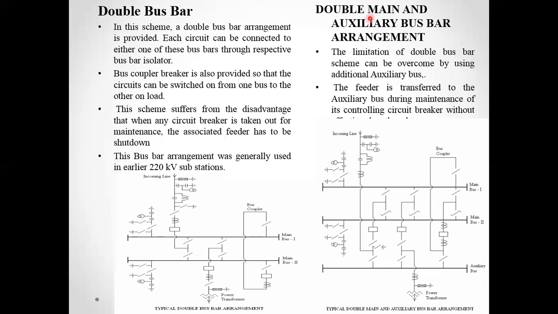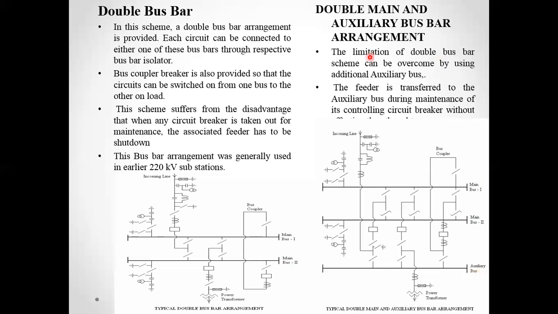To overcome this, instead of the double bus bar, we use a double main and auxiliary bus bar arrangement. Here we have double main, that is main bus 1 and main bus 2, which are the main bus bars, and second we use an auxiliary bus.